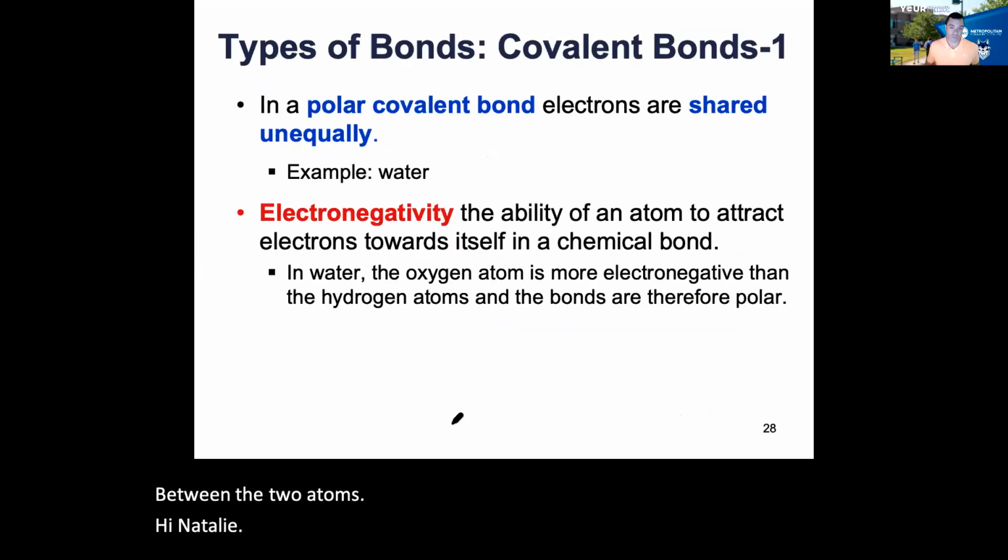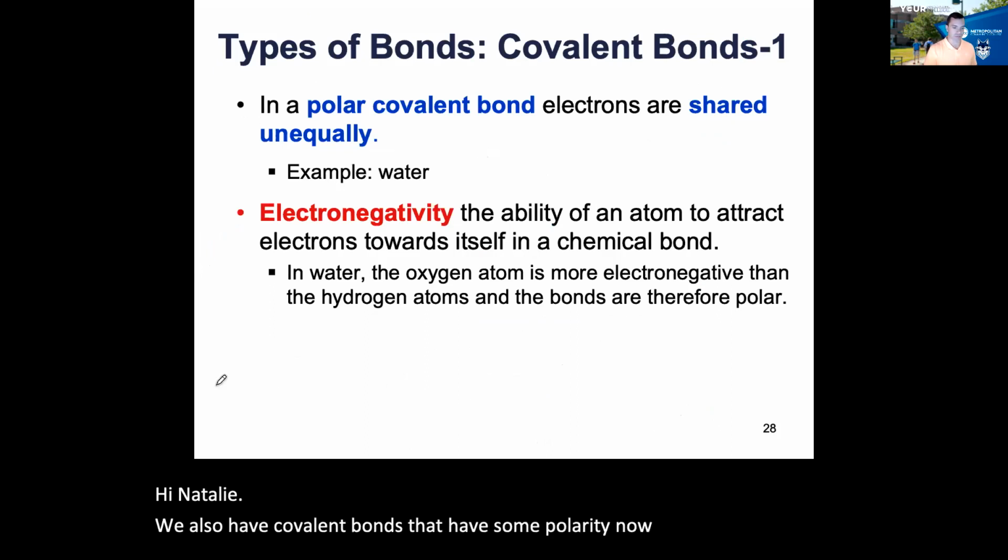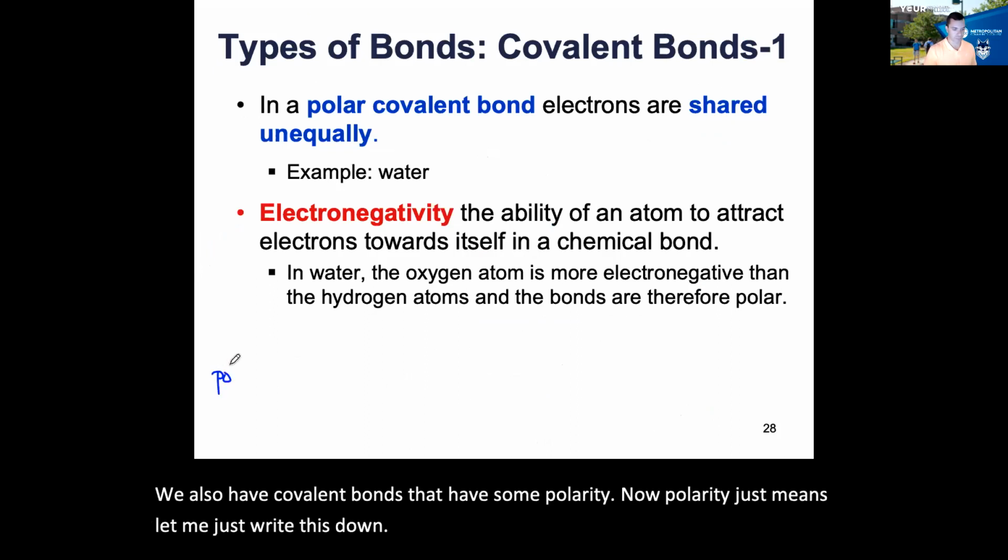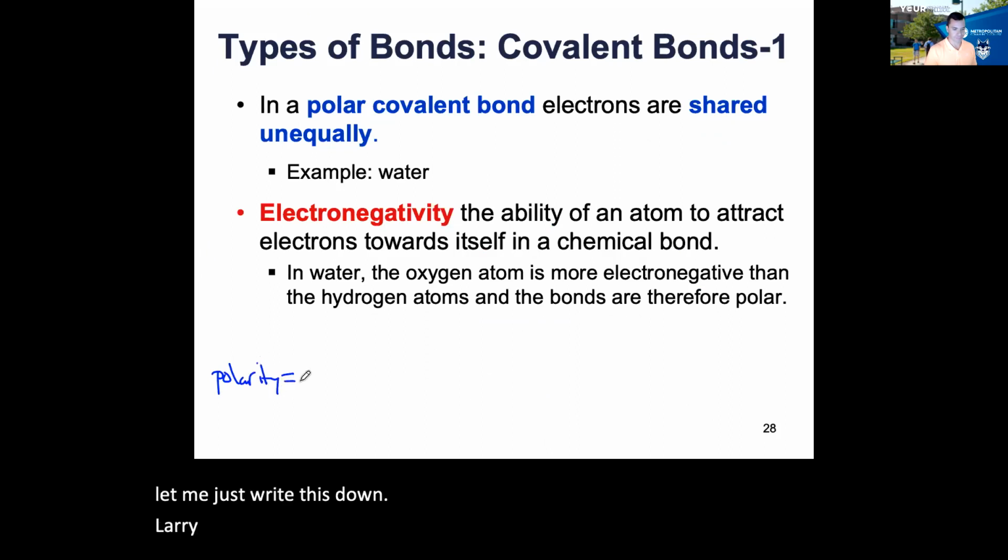We also have covalent bonds that have some polarity. Now, polarity just means, let me just write this down here. Polarity. What is polarity?